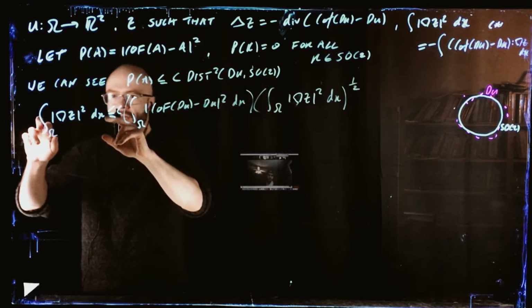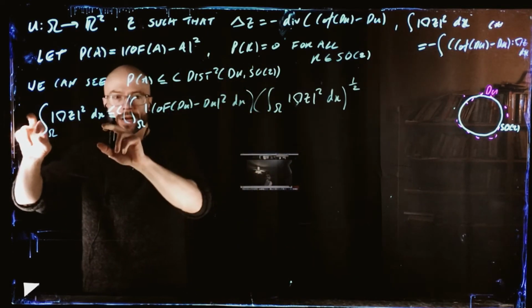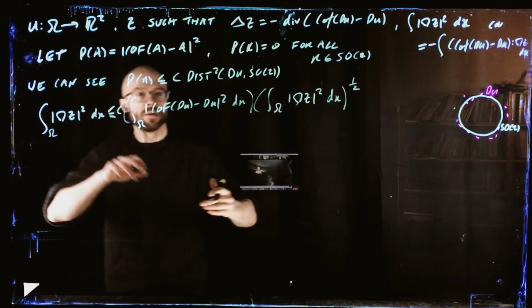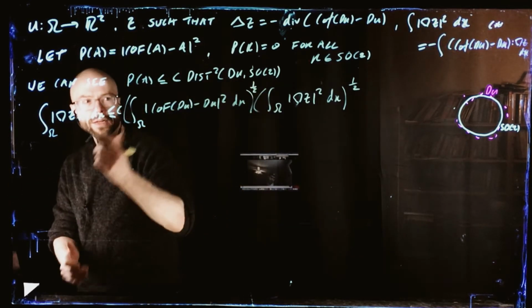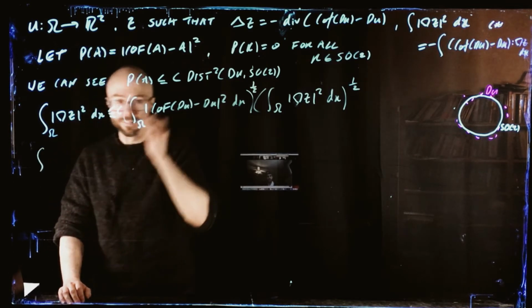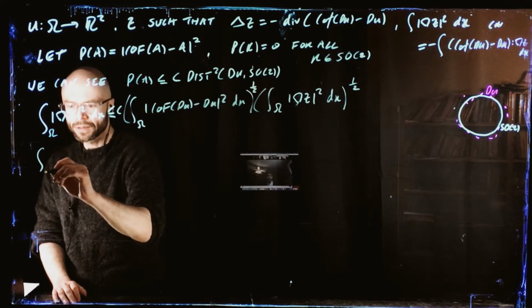And then this thing is just this thing squared. So we can divide through on both sides. Oh, I missed the half here. So dividing through on both sides, this thing implies this.